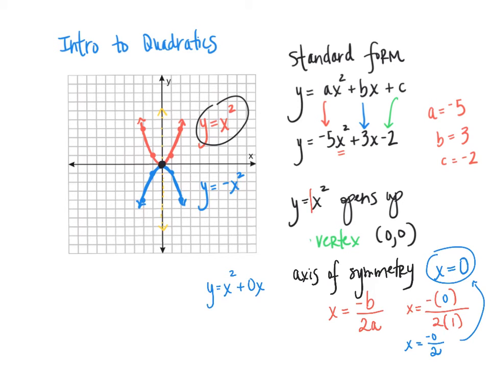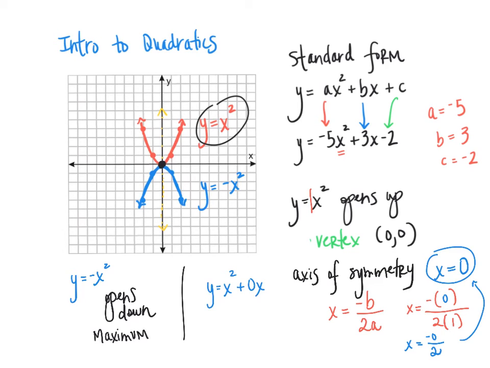If it's like the blue parabola that's opening down, so this is y equals negative x squared, notice this is opening down. When your parabola opens down, you actually have a maximum point.